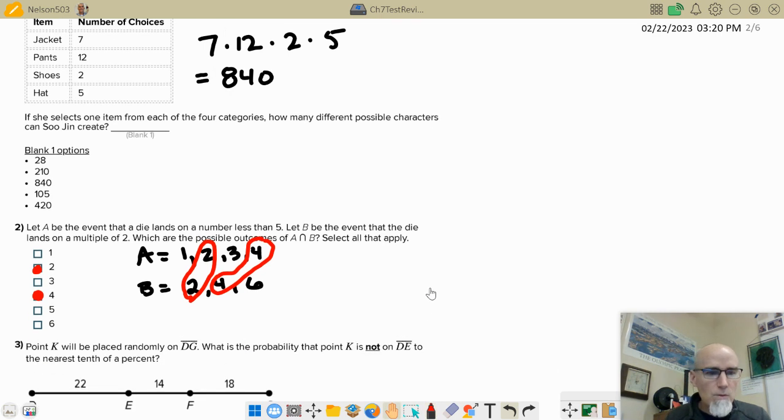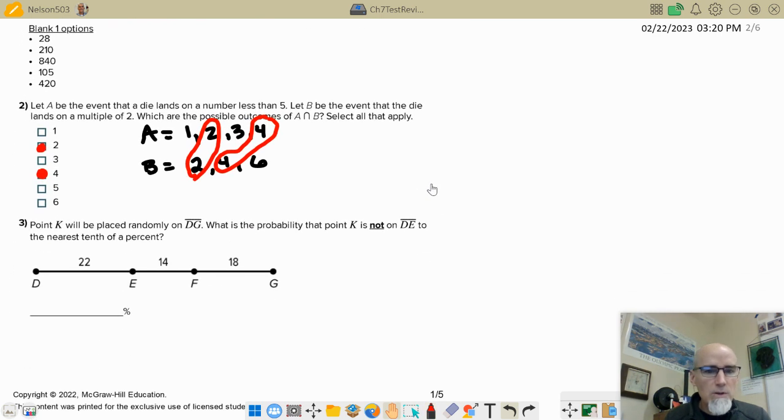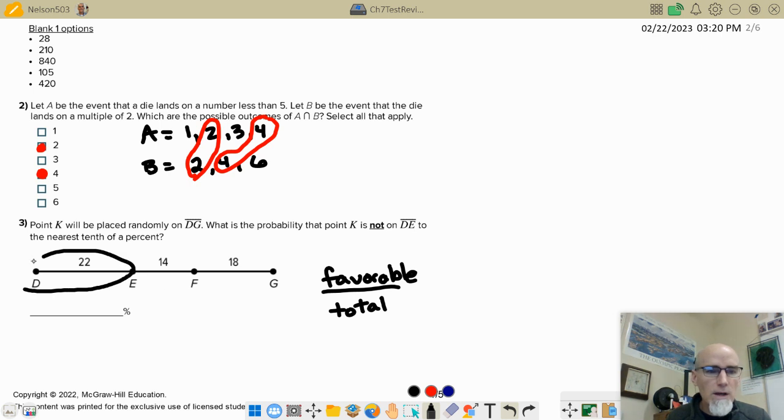Now, on number 3, it says, what's the probability that K does not land on DE? Okay, so probability is always total down in the denominator, and then favorable in the numerator. So if it says not on DE, here's DE right here. We don't want it to land there.